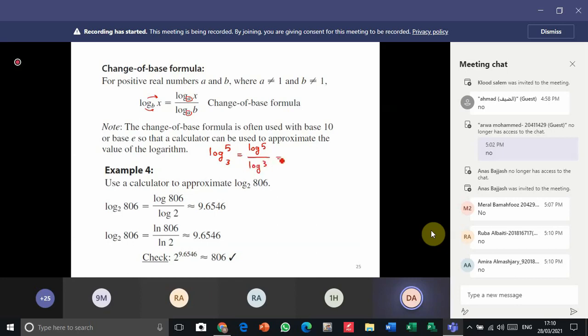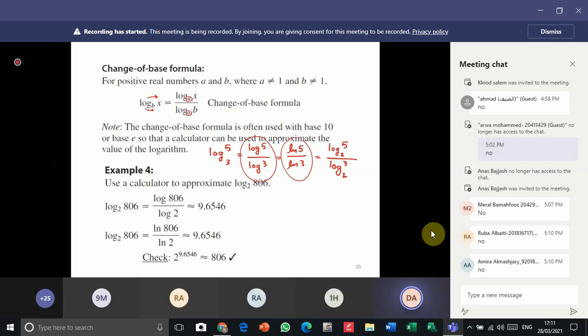Or we can use ln of 5 to base e and ln of 3 to base e, because ln is the logarithm to base e. Or we can use the natural logarithm, common logarithm, or any base. For example, we can put log 5 to base 2 over log 3 to base 2 also. But in general, use ln or the common logarithm, because in programming languages, we use the natural logarithm or ln.